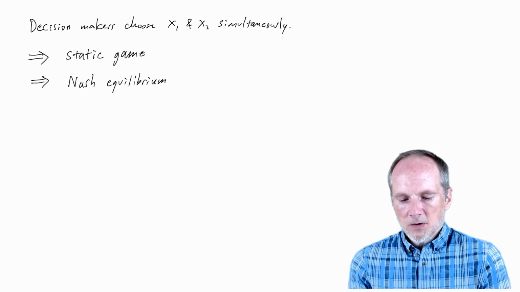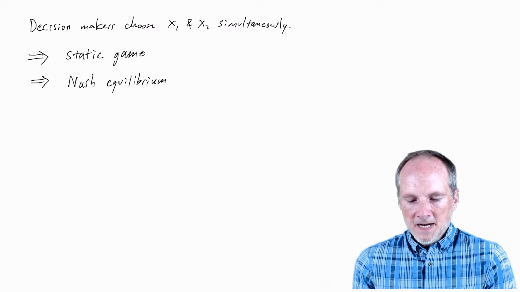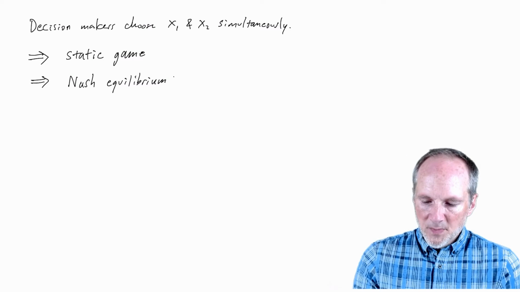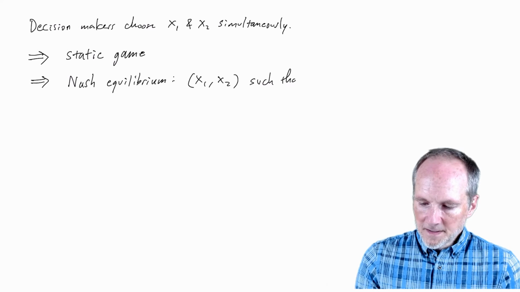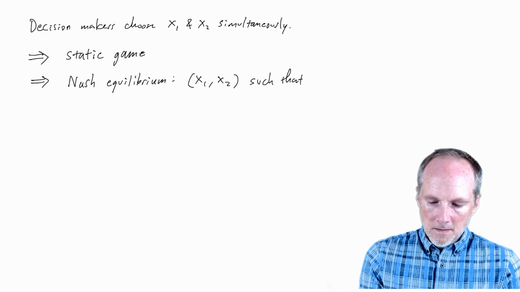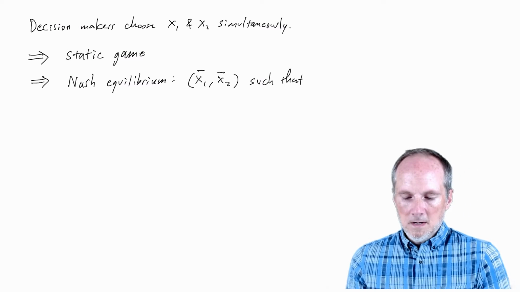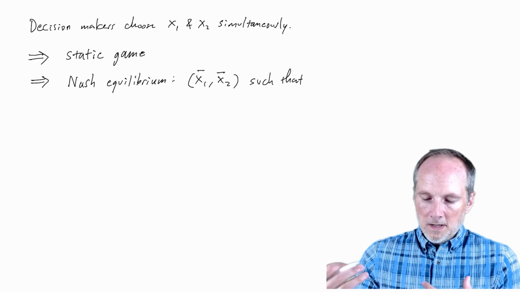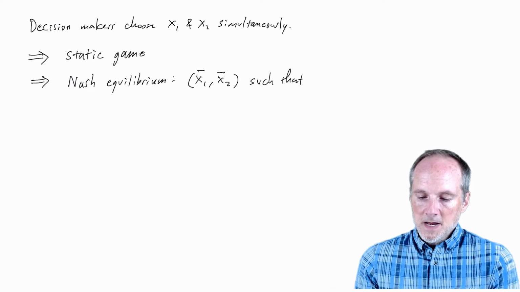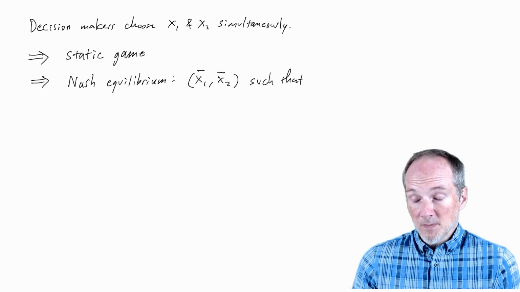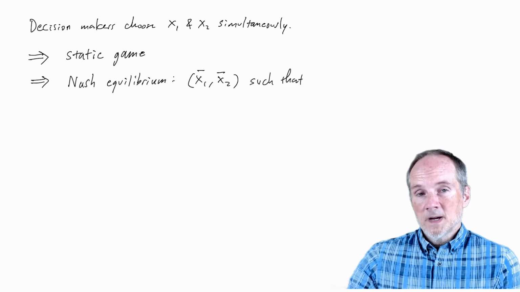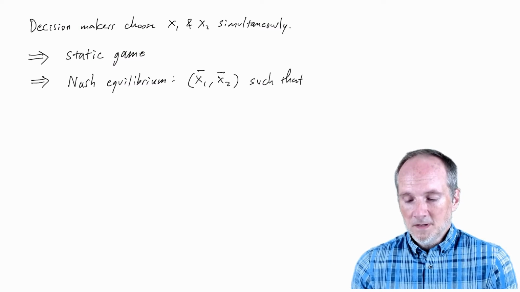Okay, so a Nash equilibrium is going to be a pair. It's going to be an activity level for each decision maker, such that, let me put bars on these. So a Nash equilibrium is where each decision maker is optimizing given correct expectations about what the other person is doing.